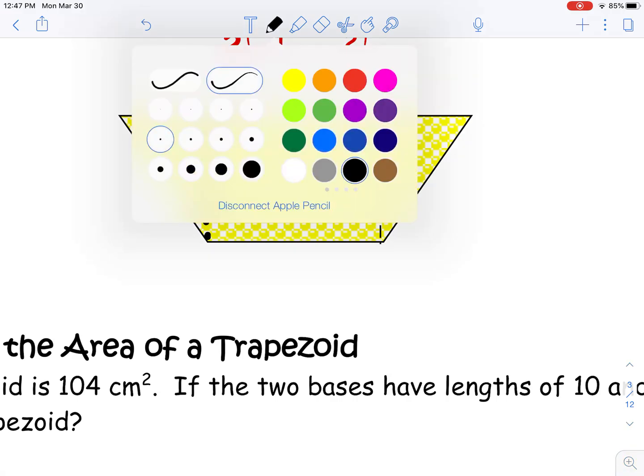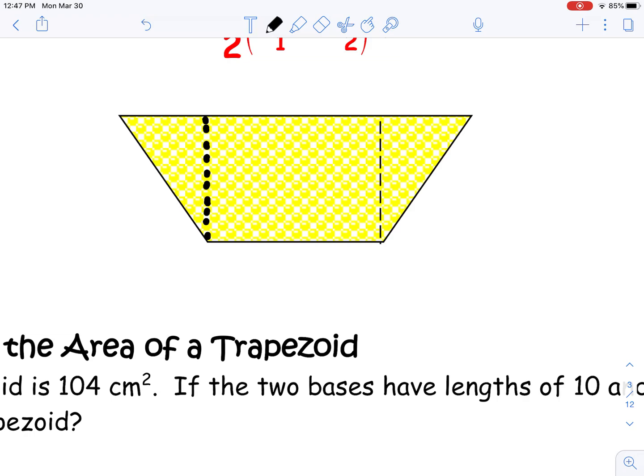What this also means is that I can actually go halfway along the triangle and cut that particular component off.